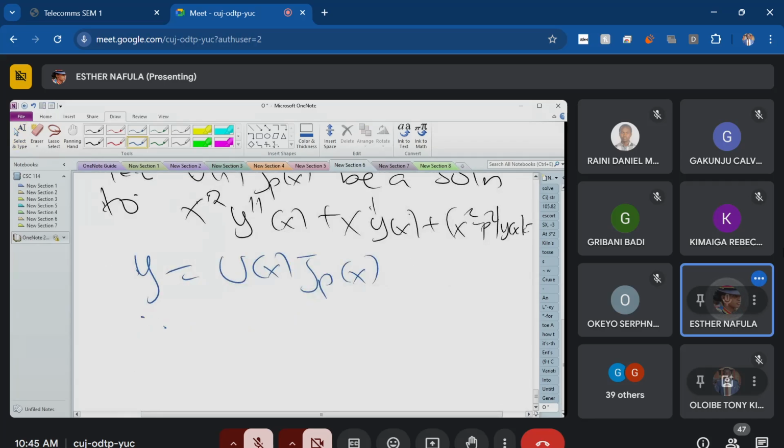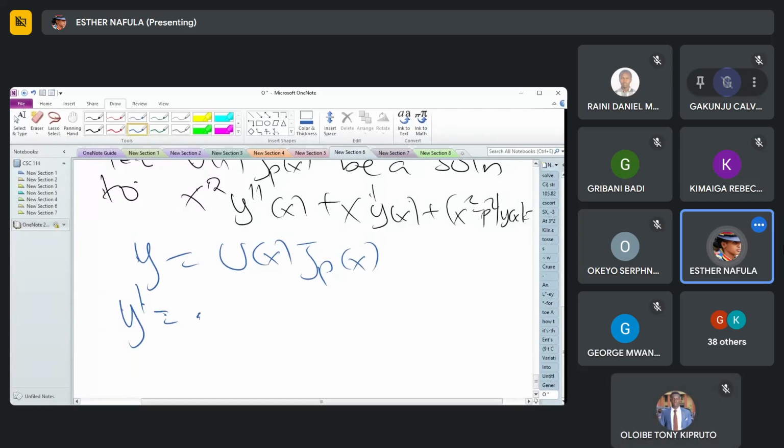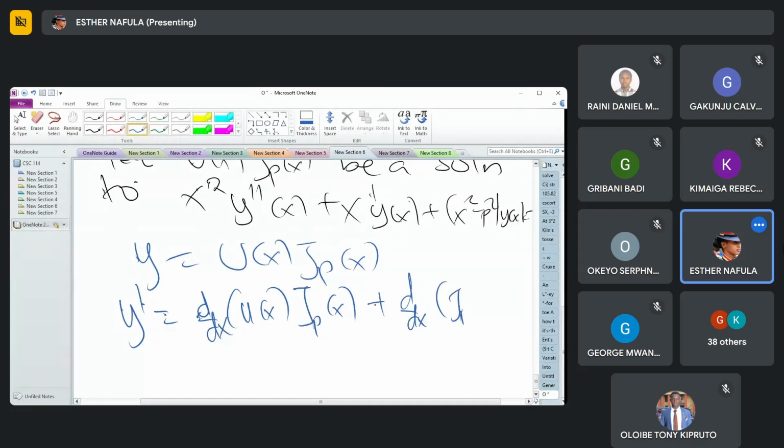So if y is u(x) Jp(x), y prime is the derivative of u Jp, but you notice that it's a product of two functions, so definitely we have to apply the product rule. We get d/dx of the first function u times the second function held constant, plus we differentiate Jp holding u of x constant.